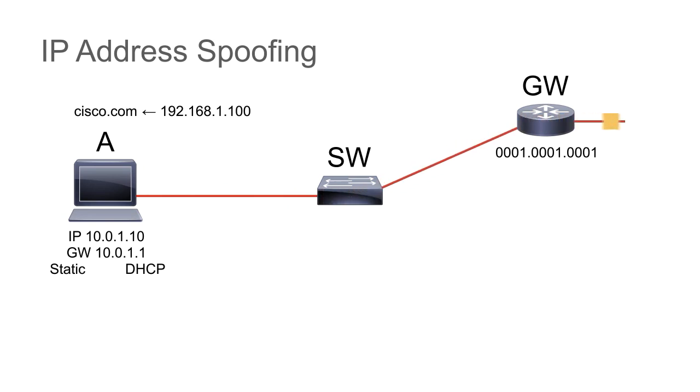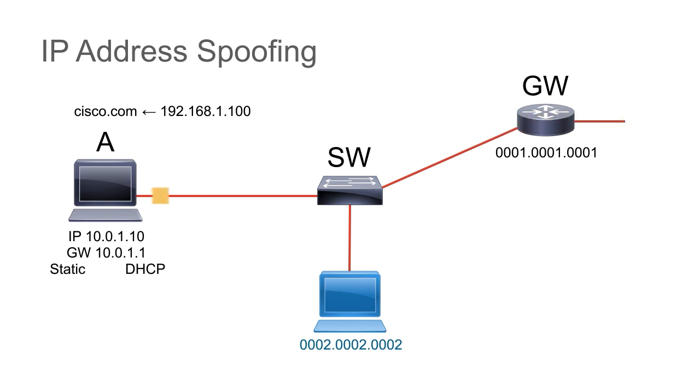All right, now we have an attacker come onto the scene. And so the attacker is plugged into our switch network. And the attacker, this black hat guy here, he has a MAC address of 0002.0002.0002.